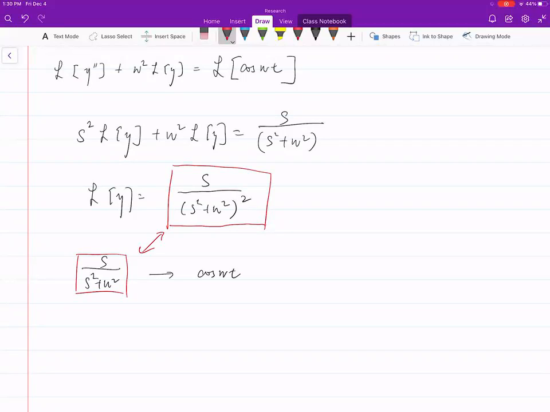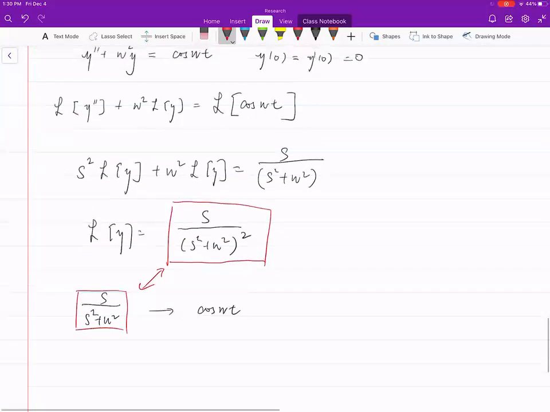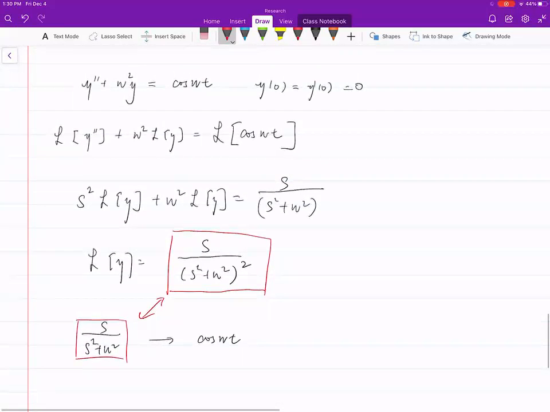What's your thought? I mean, number one, you can take this one and square it, but then you have an s squared on the top, which is not this.